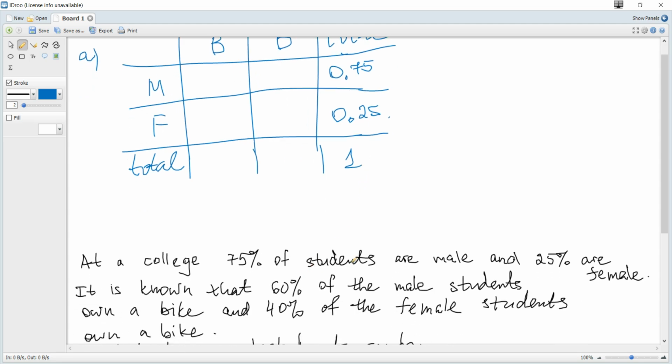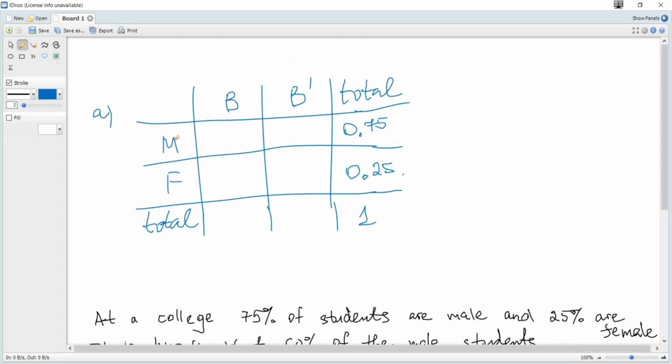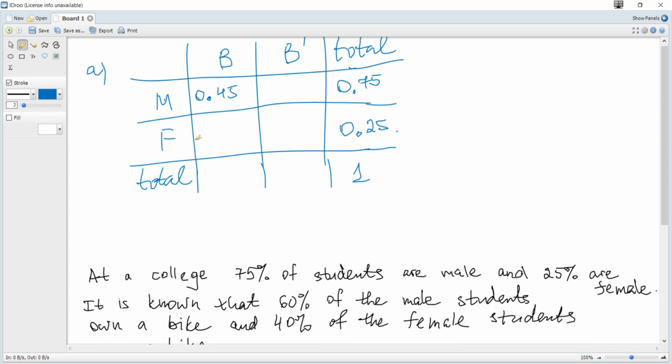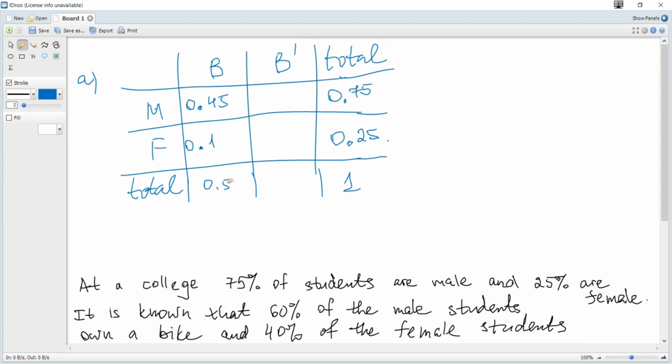And 60% of male, so M and B is also a multiplication, 0.6 times 0.75, and we get the same 0.45. And 40% of female, so it also will be a multiplication, 0.4 times 0.25, 0.1, and then absolutely the same: 0.55, 0.3, 0.15, 0.45, and you can see the total is 1, total is 1.